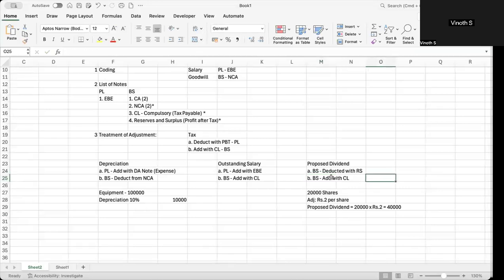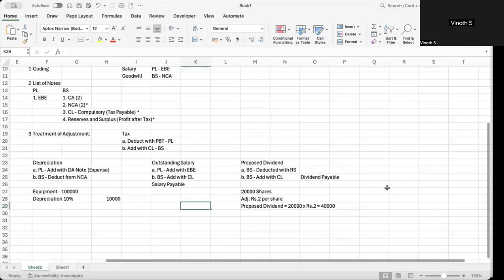That's why we are keeping it as a payable item. You can mention the word either proposed dividend or dividend payable. Even here you can mention it as salary payable, because all these things are to be paid to the particular people. So this is adjustment number 3.